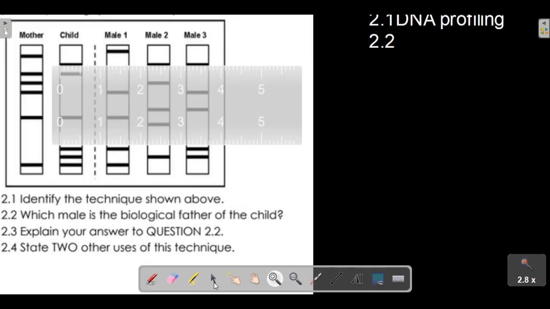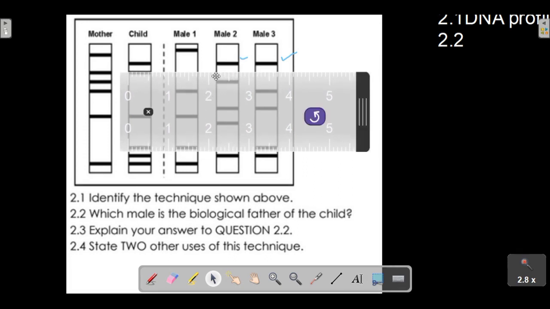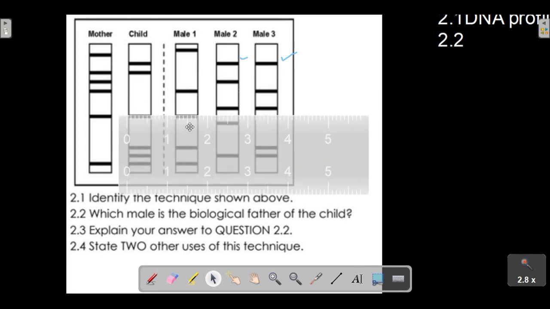I was expecting that question. So we match here. Both male 2 and male 3 match for the first bar. Let's look at the second bar. None of them match. The third bar, it's male 1 that matches. So male 1 matches there.